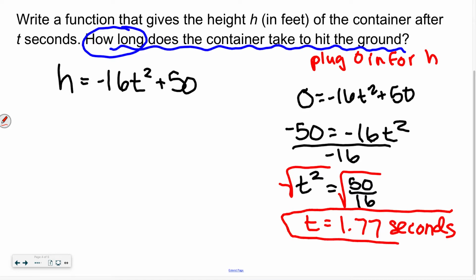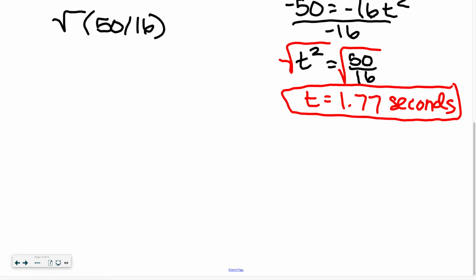Okay, now some of you have a small calculator or even the graphing calculator. When you type that in, the calculator brings up a parenthesis, right? Yeah. Okay, so then you could type 50 divided by 16, and you should get 1.77. Oh, yeah. Okay? Because we're doing the square root of all of that.